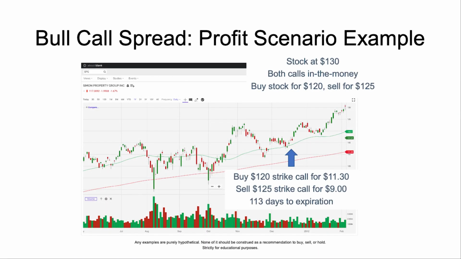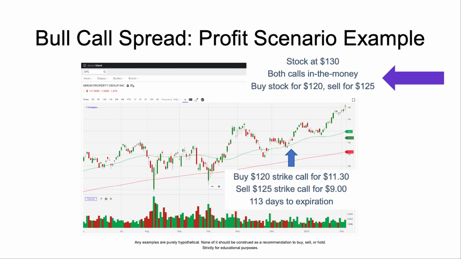So suppose that we buy the $120 strike call for $11.30, and we sell the $125 strike call for $9, and there's 113 days to expiration. So this would be a $5 spread with a net debit of $2.30. Suppose then in this example that the stock goes to $130.